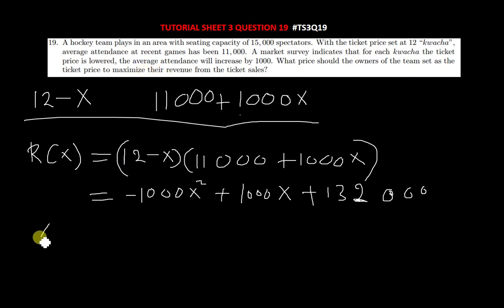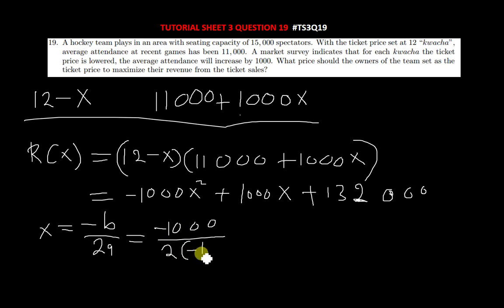So the reduction is just found by x being equal to negative b over 2a. Our b is 1,000, so we're going to have negative 1,000 over 2, and then our a is negative 1,000.